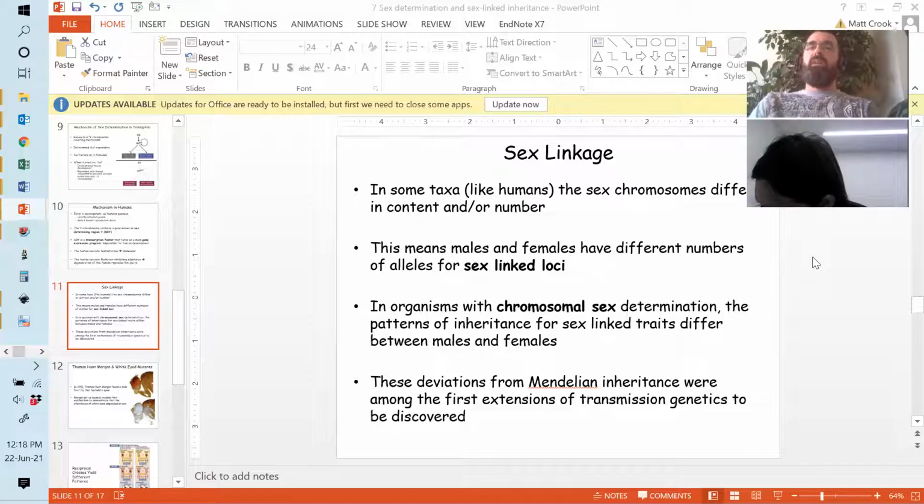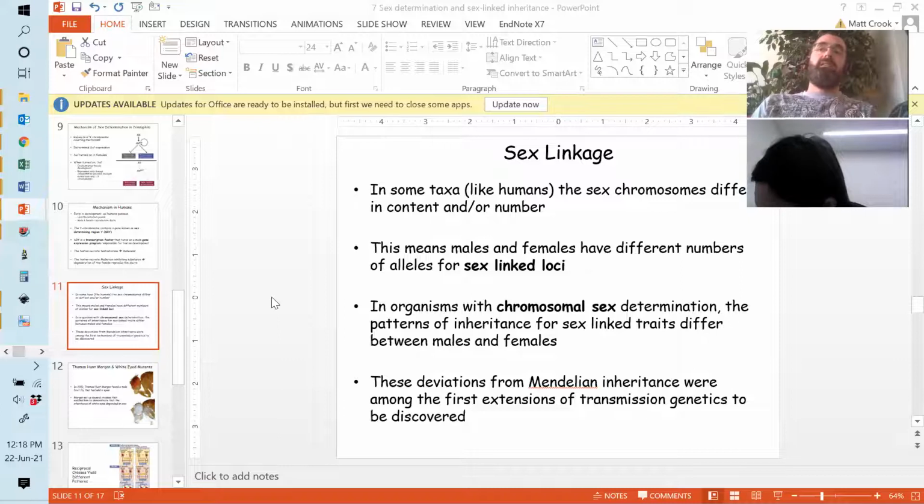And so that means it's somewhat rare to have two recessive alleles for any given gene.